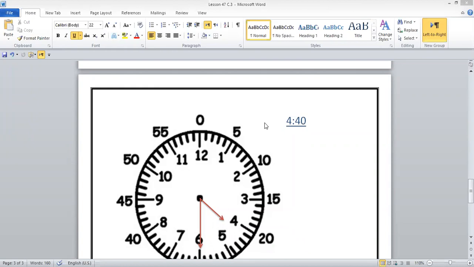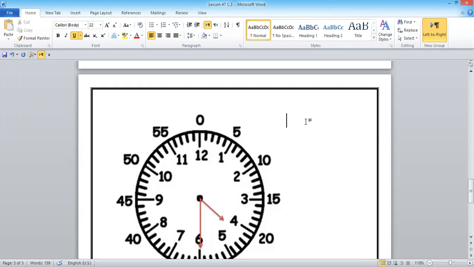Ahmad Yusuf, can you tell me what time is it? It is 4 point 5. How will you write it?